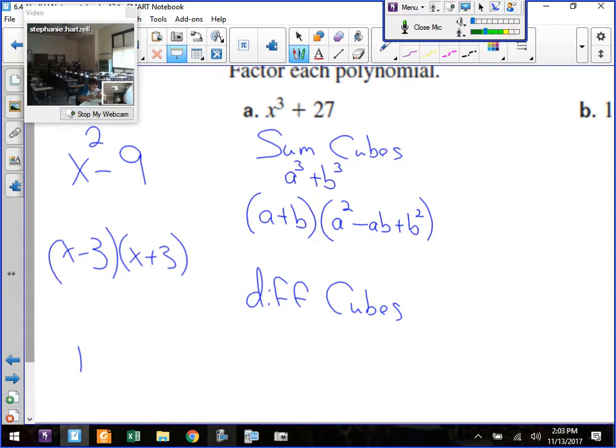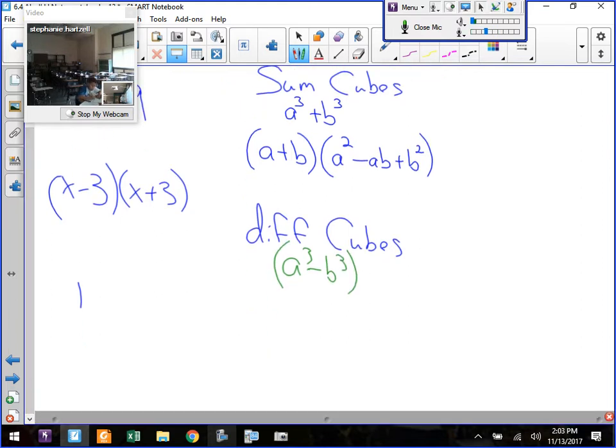And then if it's a difference, it looks ever so similar. A cubed minus b cubed. We get a minus b times a squared plus ab plus b squared. And these are those 2 weird patterns that you've never really learned.